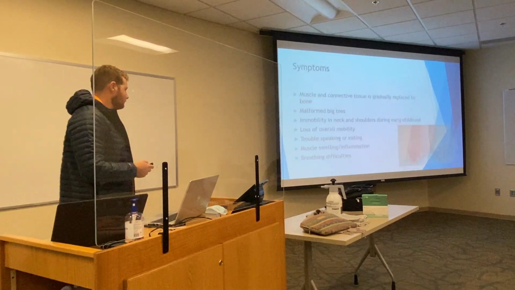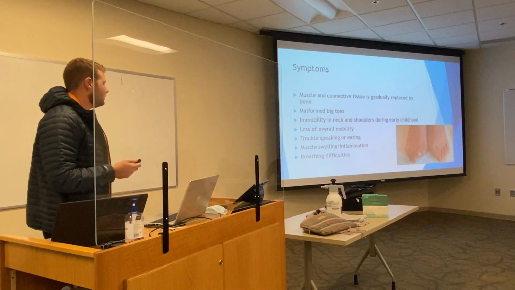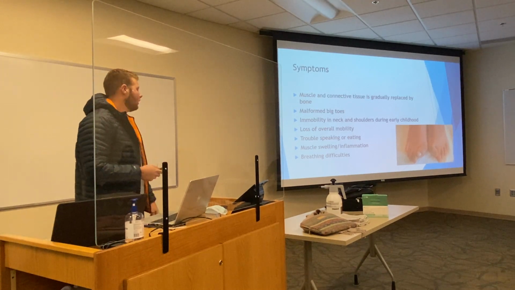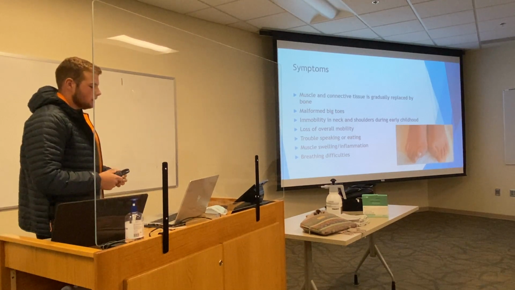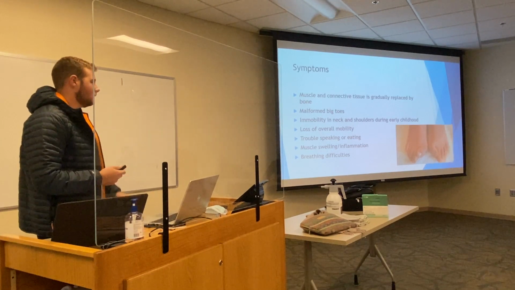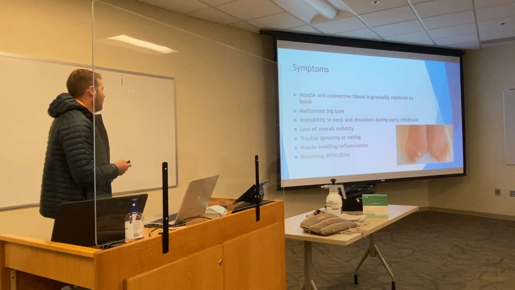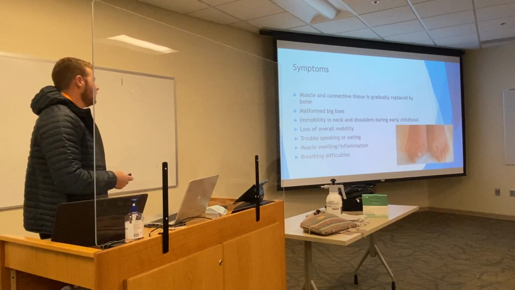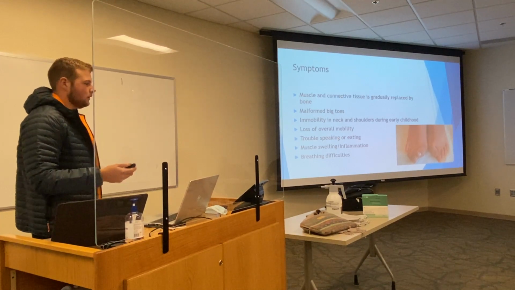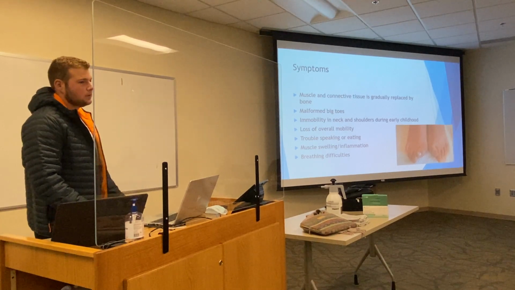So some symptoms: muscles and connective tissue are gradually replaced by bone. Malformed big toes, so this is going to be one of those telltale signs. It happens at birth, so you can tell this in an infant and be able to look into that almost immediately after birth. Immobility in neck and shoulders during early childhood, and this continues on to then loss of overall mobility. Trouble speaking and eating, so it's going to affect every muscle and every tissue.